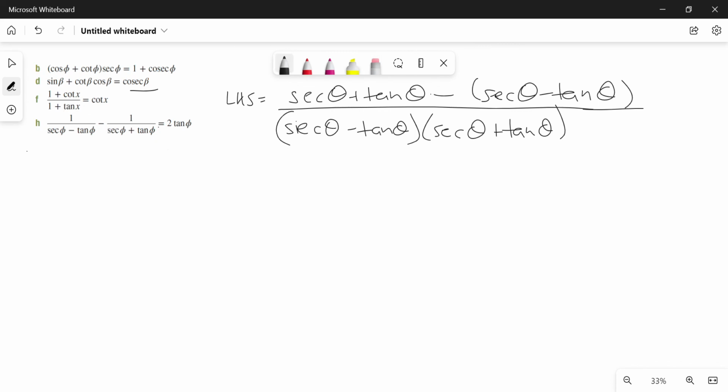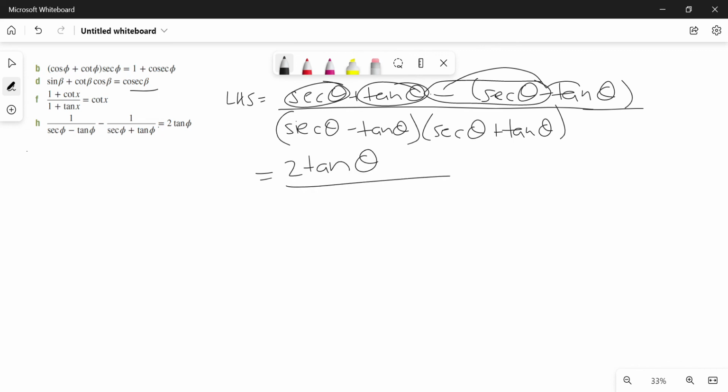Now you can't see anything. All right, so if we do that, the top becomes sec theta minus sec theta, so they cancel. Tan theta minus minus tan theta, so plus tan theta. So we've got 2 tan theta on top. Nice, that's actually what we want. So hopefully the bottom gives us 1. So difference of 2 squares this would be: sec squared theta minus tan squared theta.